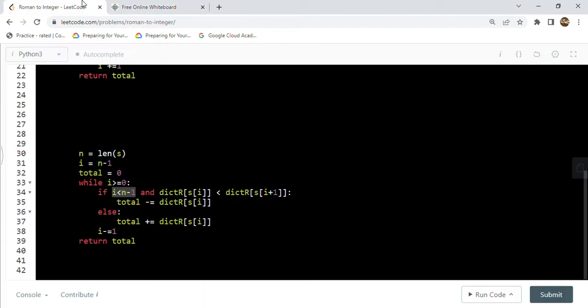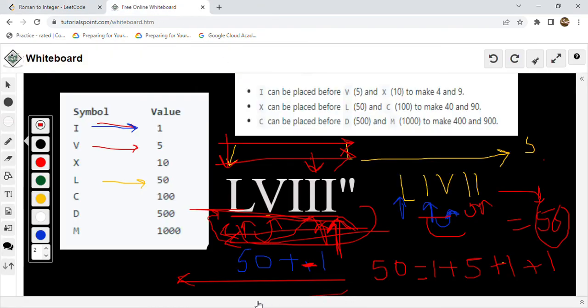Then, if dict of s of i is less than the value at i plus 1, that is, the value at this index is lesser than the next value, then we will subtract the value, else we will add the value to the total, and then we will decrement the counter because we are traversing from the last to the first index.